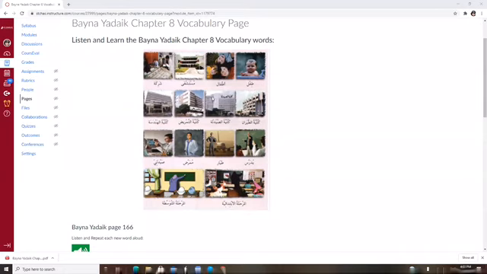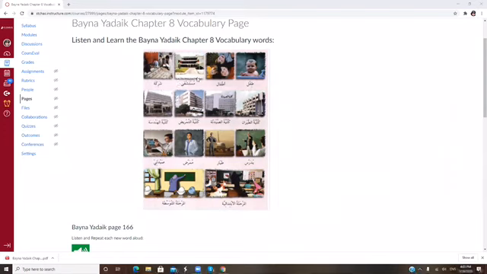So the plural of tifl is atfal. Atfal is used for a group of 3 or more, all males, or even all females except for one male. Like if you have a group of 9 females and 1 male, you will still use atfal. Next, mustashfa.